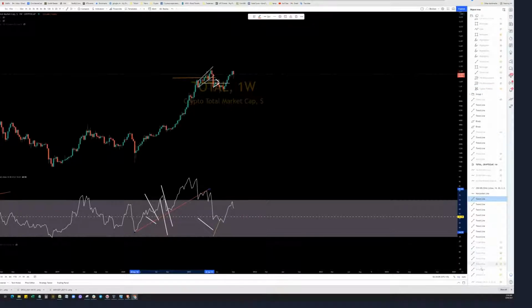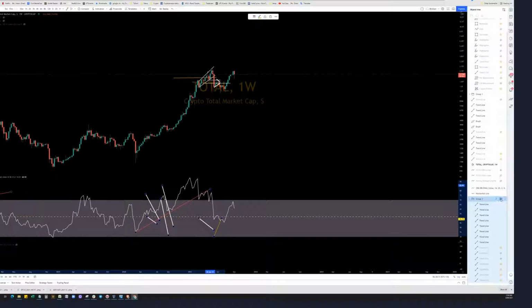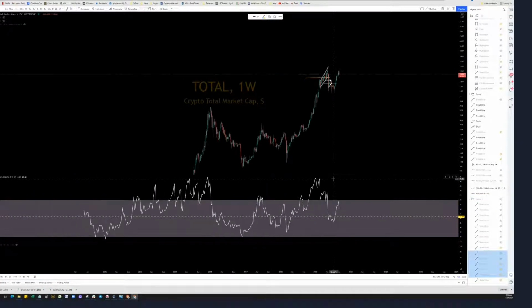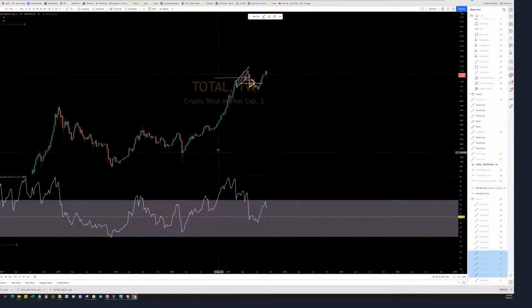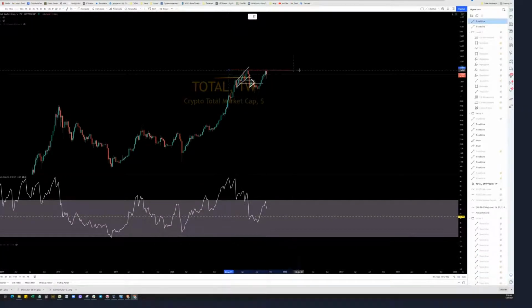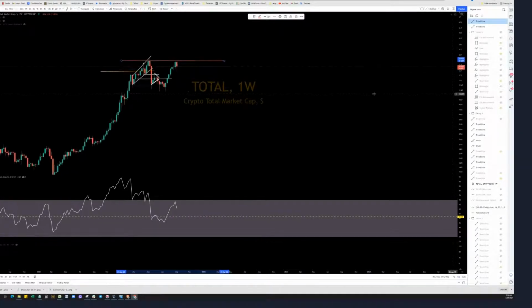Now let's have a look at the RSI, if that's going to give us any hand with the total market. If this is a major resistance, from there to there, and we've got a double top, and therefore a nice rejection. But realistically, you can see that weekly candle is not done yet. We need to see what that weekly candle does. At the moment, it's still bullish, a hammer.